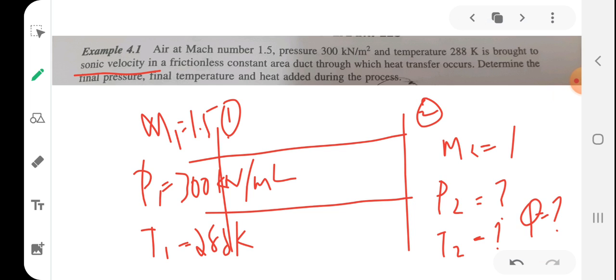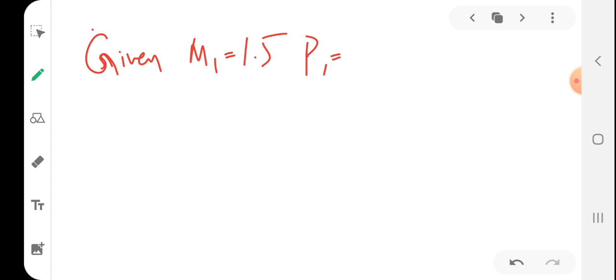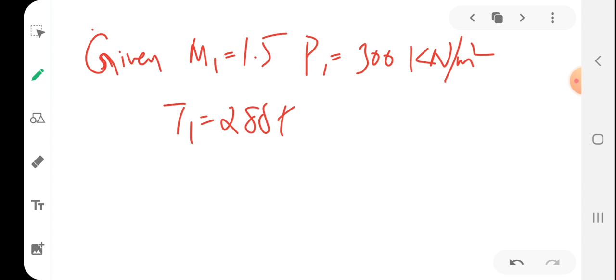Since the flowing fluid is air, you can take gamma equal to 1.4. Given M1 equal to 1.5, P1 equal to 300 kilonewton per meter square, T1 equal to 288 Kelvin, and M2 equal to 1.